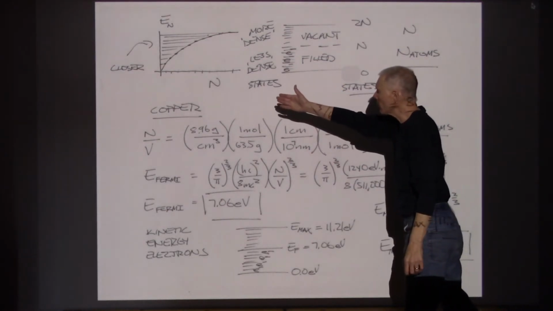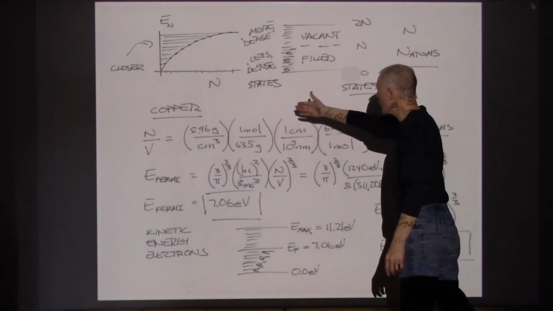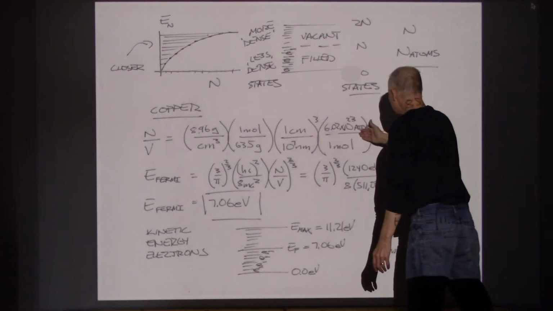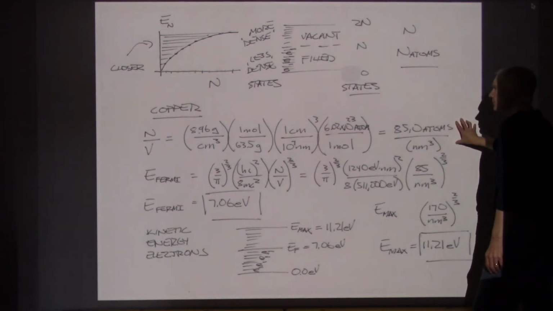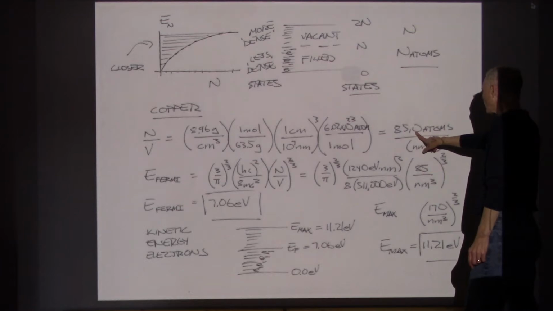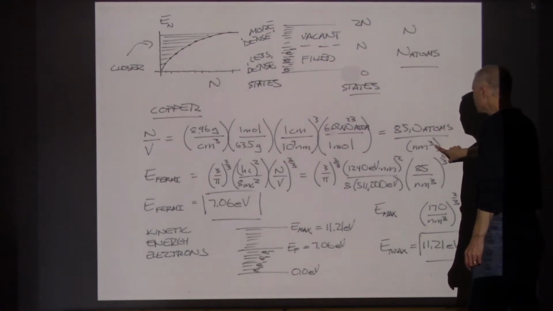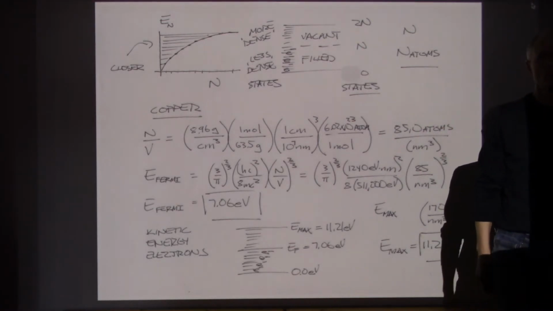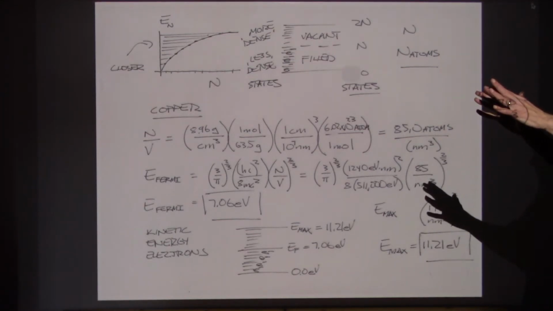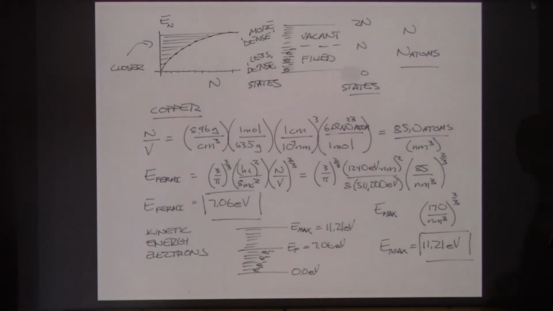The combination of density, molar mass, unit conversion, and Avogadro's number leaves us with copper having 85.0 atoms per cubic nanometer. I like the cubic nanometer because it's small enough that it's a number of atoms that I can imagine.